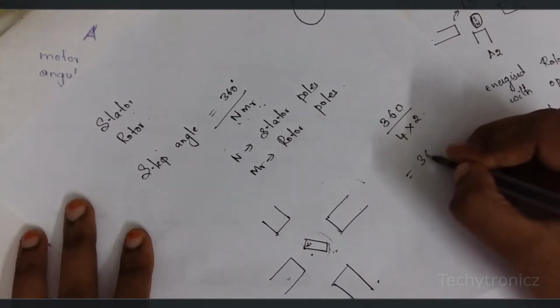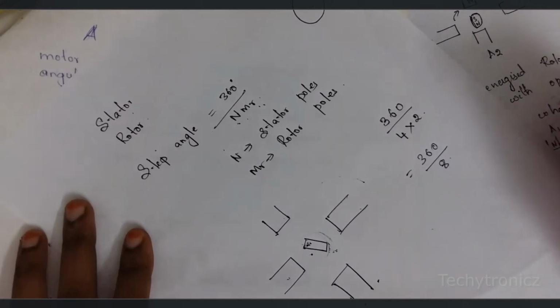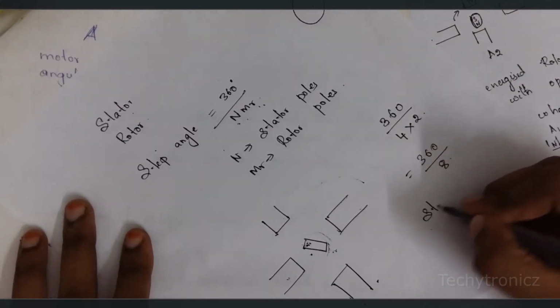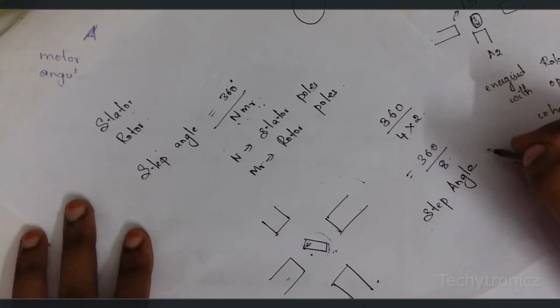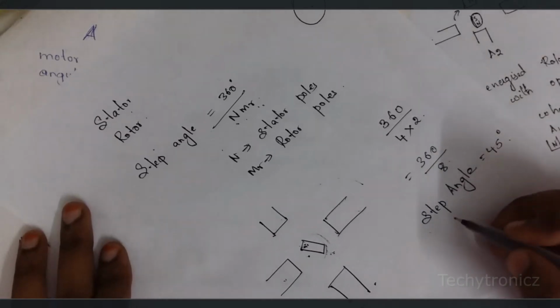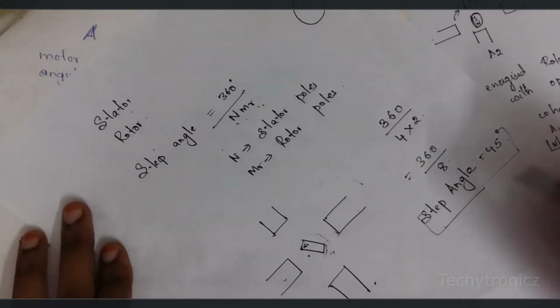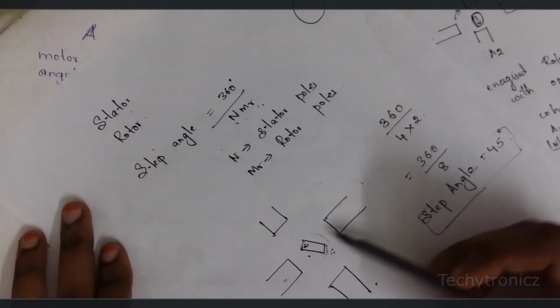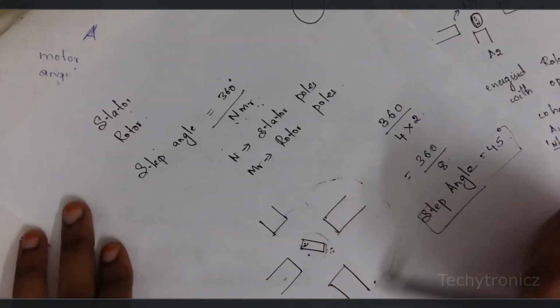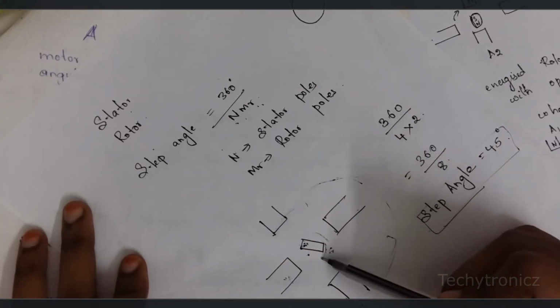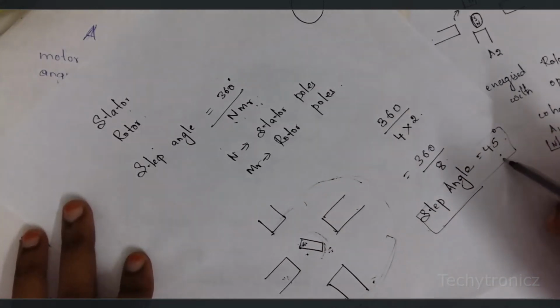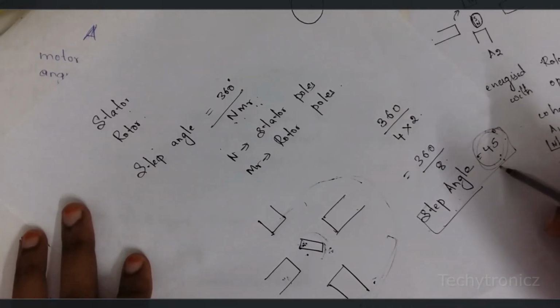So 360 by 8, and the step angle will be 45 degree. With 4 stator poles and 2 rotor poles, the rotor rotates in steps of 45 degree.